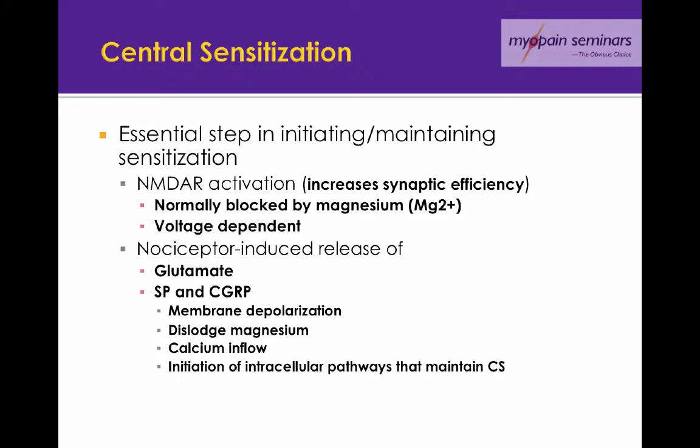Activation of the peripheral nociceptive nerve endings in the muscle causes glutamate, substance P, and calcitonin gene-related peptide to be released at the synapse, thereby activating the nociceptive cell surface receptors. The end result is an inflow of ionized calcium into the nociceptive cell, which initiates the intracellular pathways that maintain central sensitization.